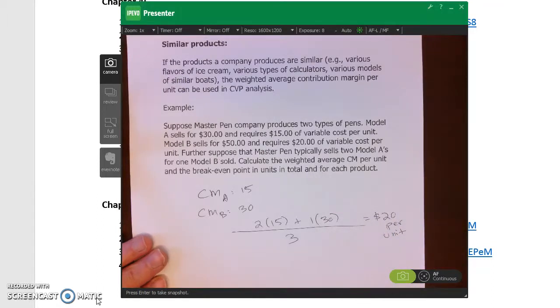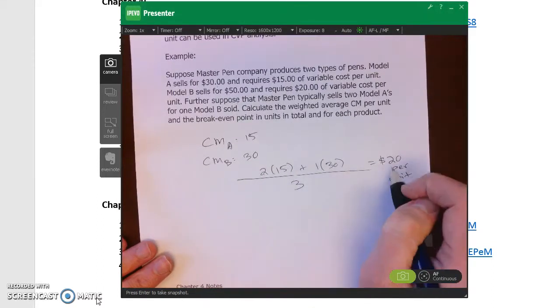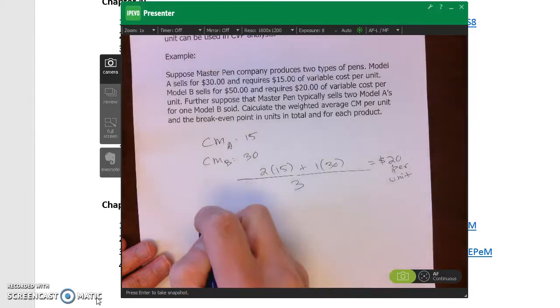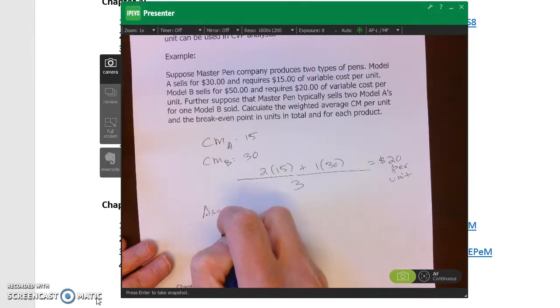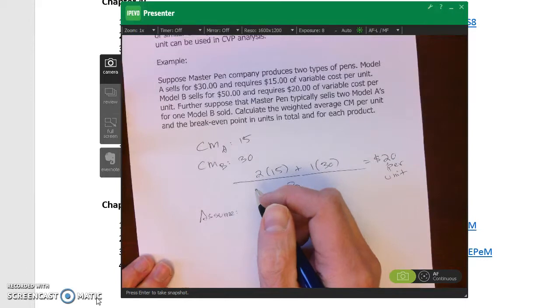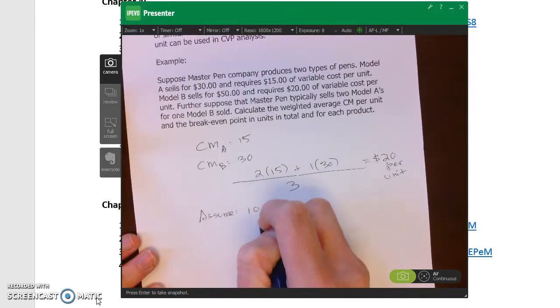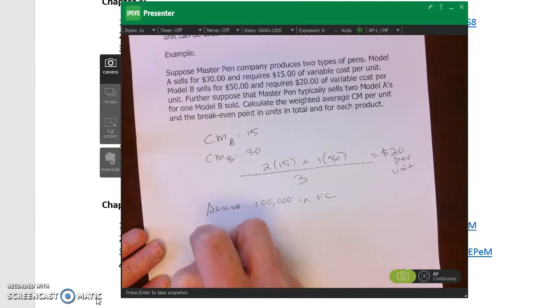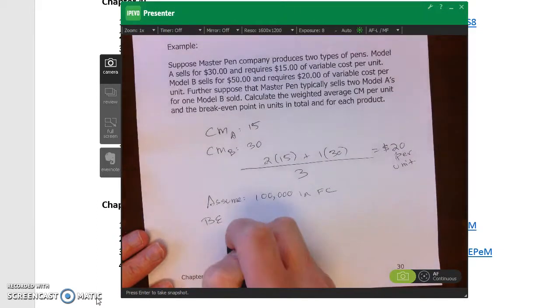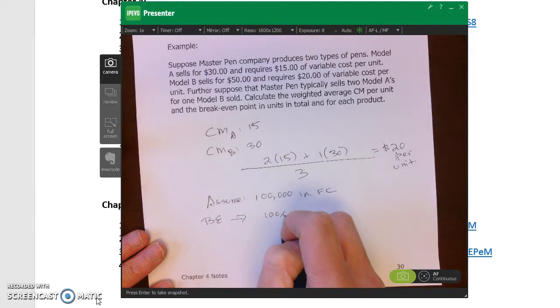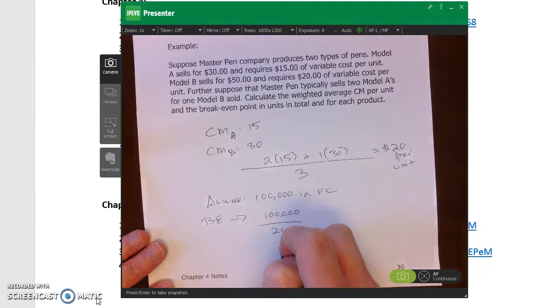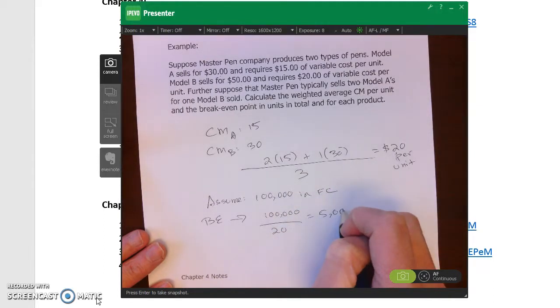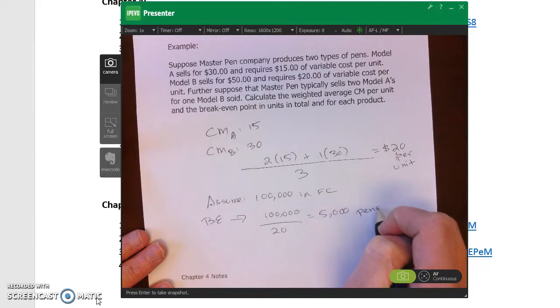Okay? So this is my weighted average contribution margin per unit. Now I'm going to take this problem further and assume that we have fixed costs of $100,000. Then we can calculate break even by taking our 100,000 divided by our 20, which equals 5,000 total pens, right?